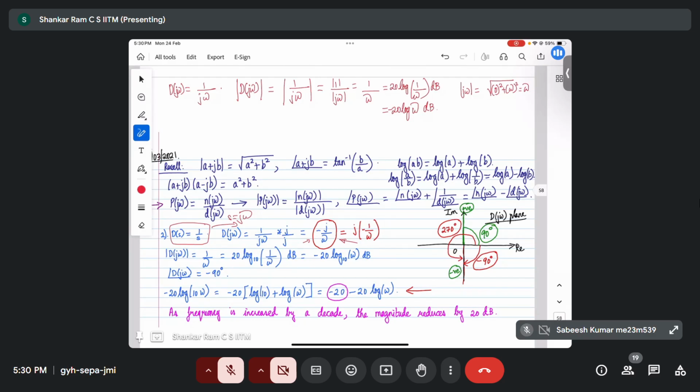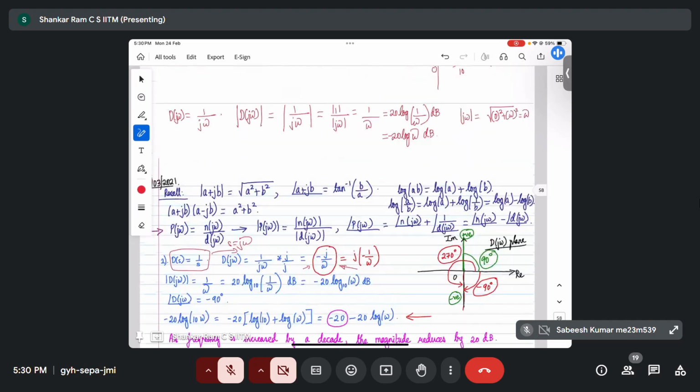Log of a by b is log of a minus log of b, so this will be log of 1 minus log of omega. What is log of 1? 0. So we get 0 minus log of omega, so we get minus 20 log omega. This is the magnitude in decibel measure.